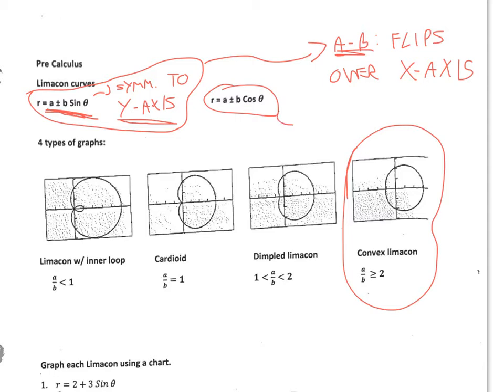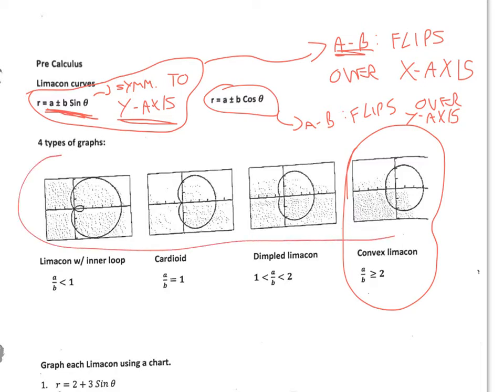But just to clarify, this a minus b for cosine is where it flips over the y-axis. I'll try to even send out another document that shows all these different examples, because they only show the cosine examples. But in the end, if you don't remember where it flips, when you just follow the max-min equilibrium and you get your 5 key points, you should be able to figure it out.